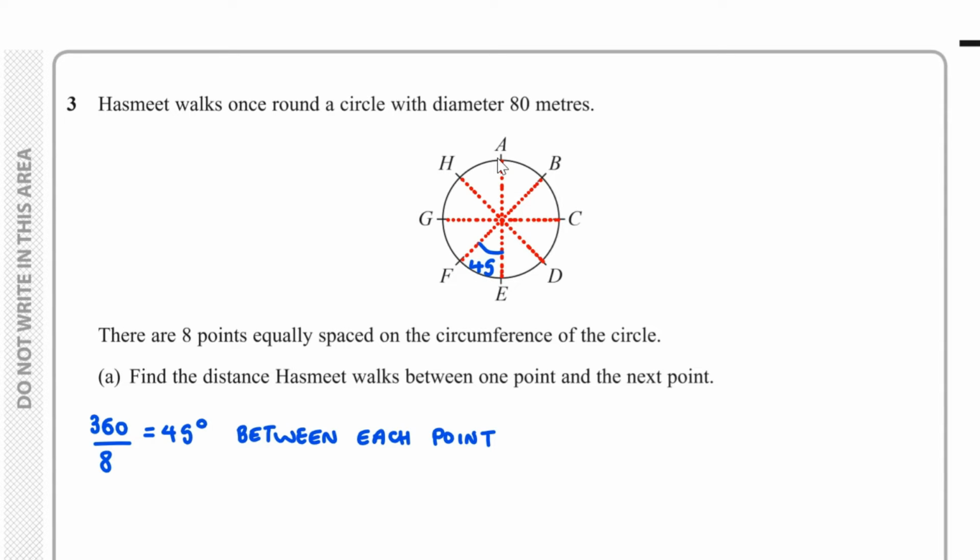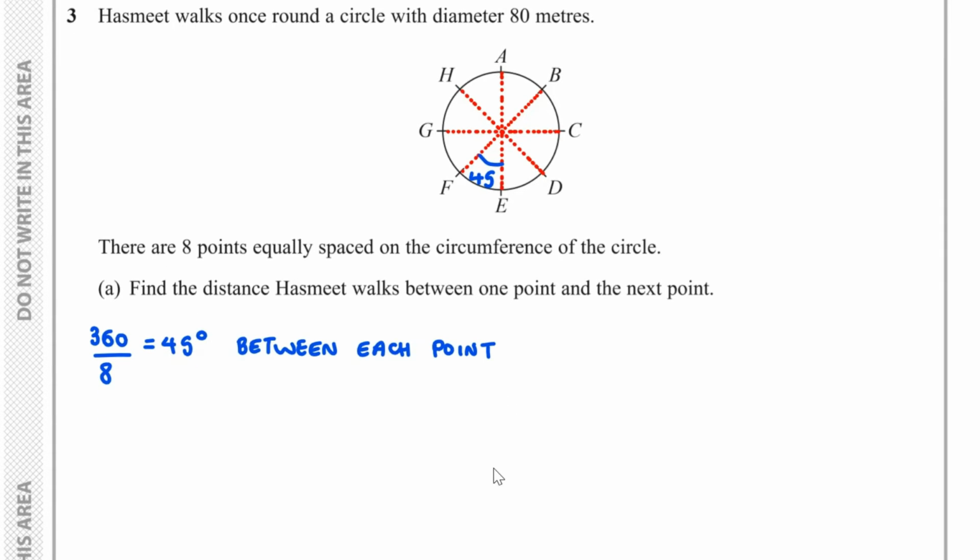Now the circumference will be given by pi times the diameter.